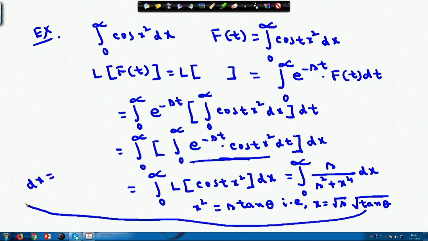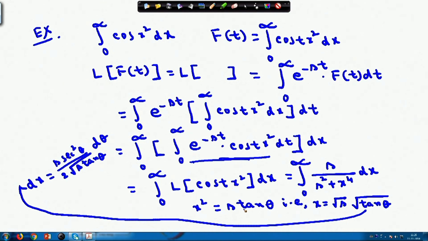Your dx will be s sec square theta by 2 into root over s tan theta into d theta. So now dx is this, you have assumed x square as s tan theta.